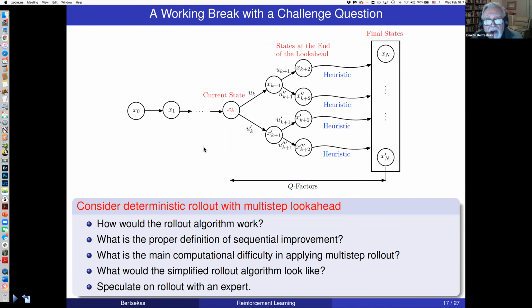Is this clear? Simplification is something that a lot of people do in multi-step look-ahead in all kinds of contexts. You just prune the look-ahead tree so that it's not so bushy and not so time-consuming to explore. Kind of like alpha beta pruning algorithm is something similar. Alpha beta pruning is a principled way to do pruning in two-player games, okay?